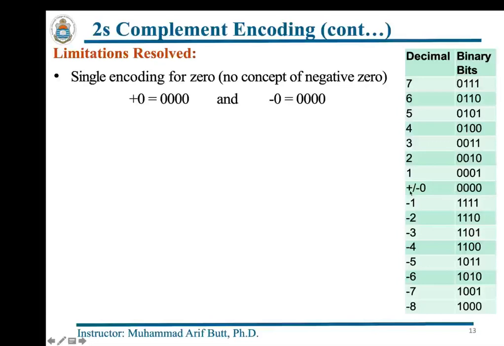Since we have one representation for the positive and the negative zero, we have an additional value available on the negative side, and that is minus 8. So in 2's complement, we have an additional value minus 8, while in sign magnitude and 1's complement, the range was from plus 7 to minus 7 in 4 bits.